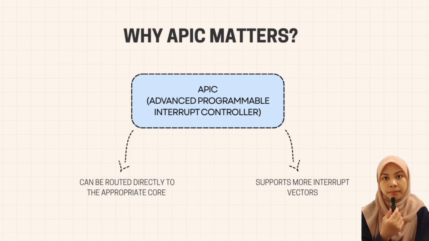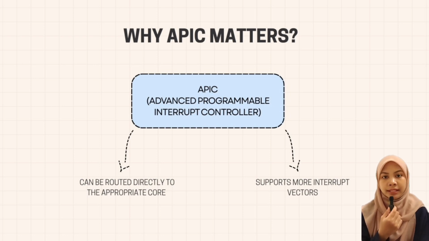The old system using PIC had shared interrupt lines, limited routing ability and no support for multiple CPU cores. This often led to conflicts or slowdowns when multiple devices tried to interrupt the CPU at the same time. With APIC, each interrupt can be routed directly to the appropriate core, and multiple cores can process different interrupts at the same time.